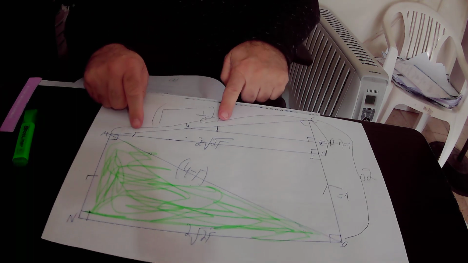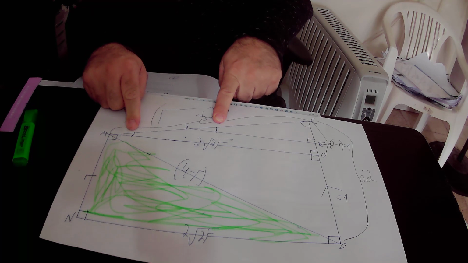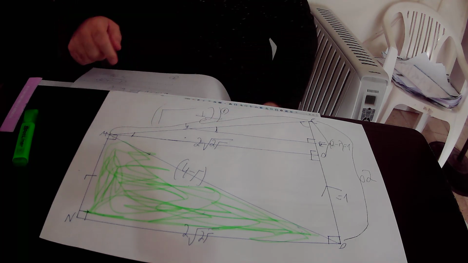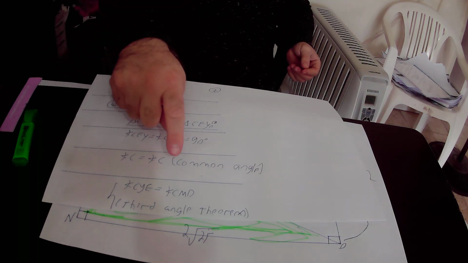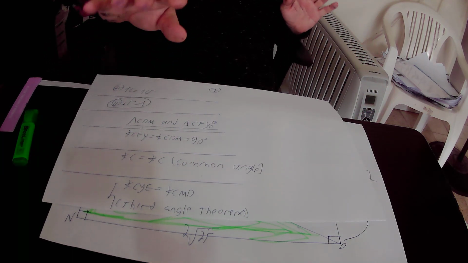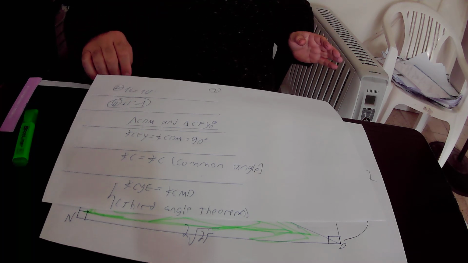Therefore, the third pair of angles must also be congruent. That is to say, those angles are equal to each other. Or in other words, angle CYE equals angle CMD according to the third angle theorem.